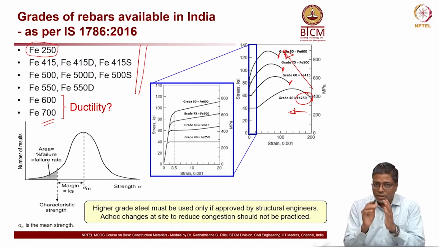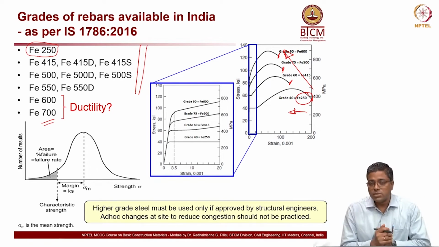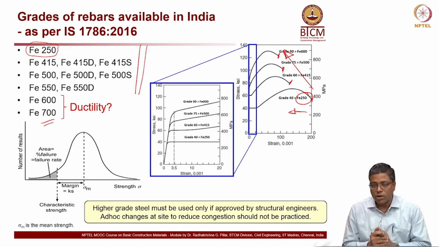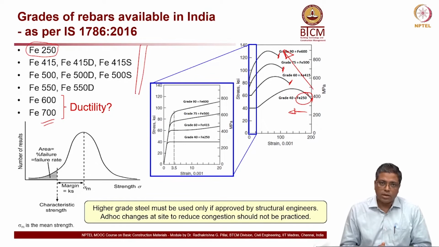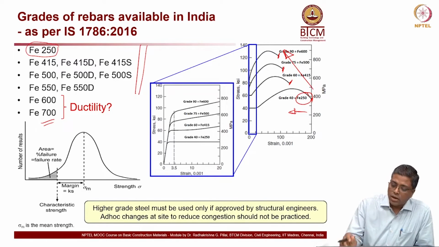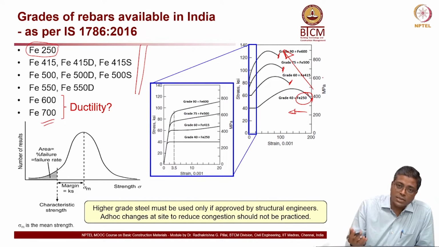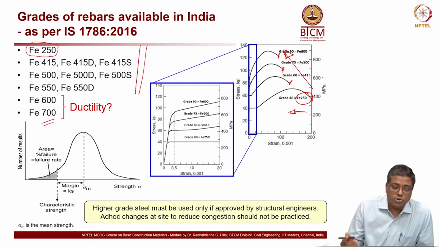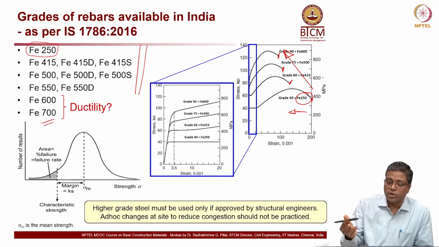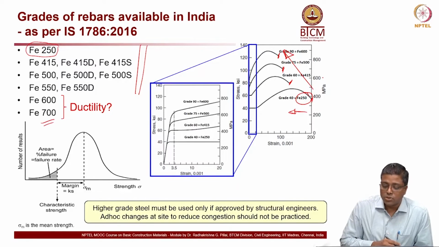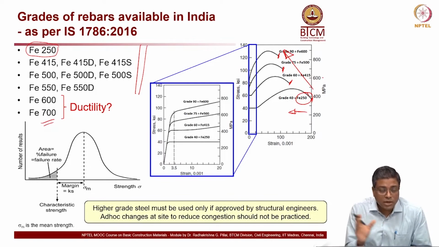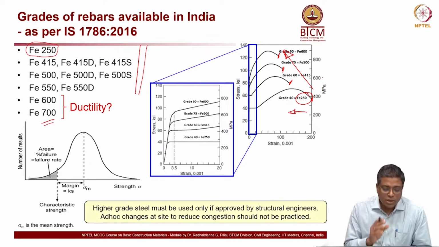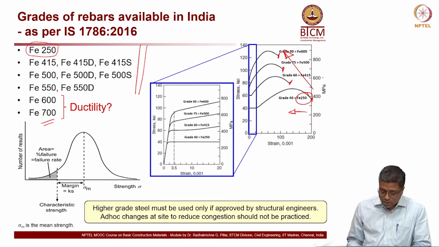Ductility is essentially the width of the stress strain graph in the plastic zone. As the strength of the reinforcement increases from 250 to, let's say, 600 as shown on the graph, the width of the graph is decreasing. That means ductility is decreasing. This is something important to look at.